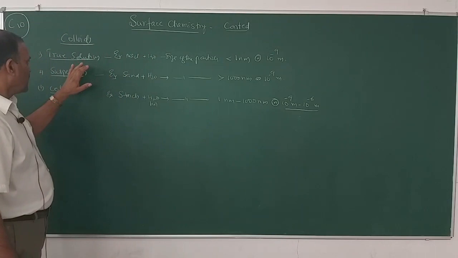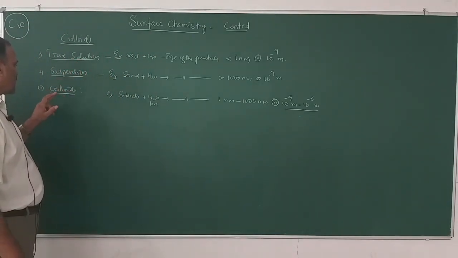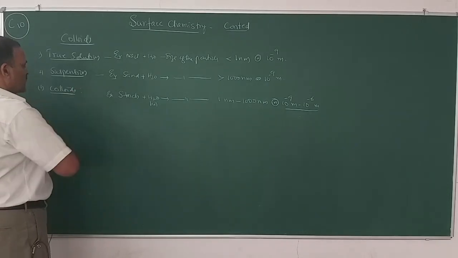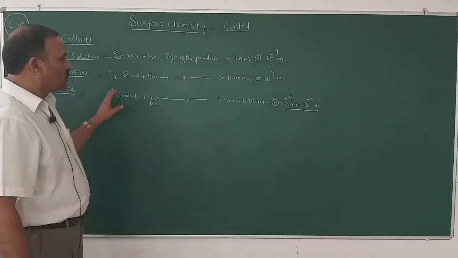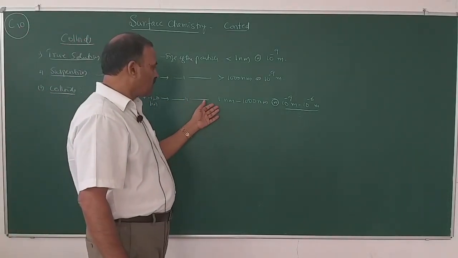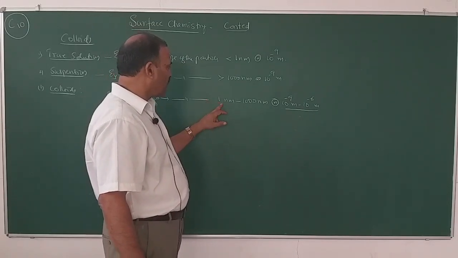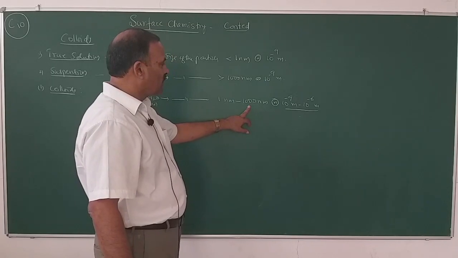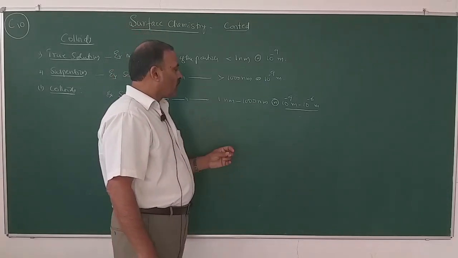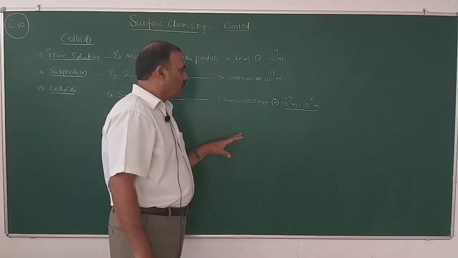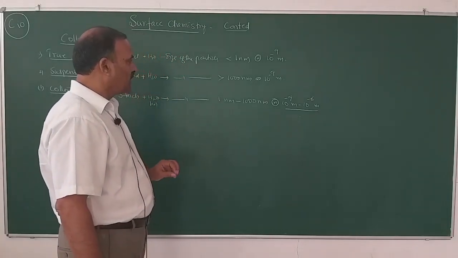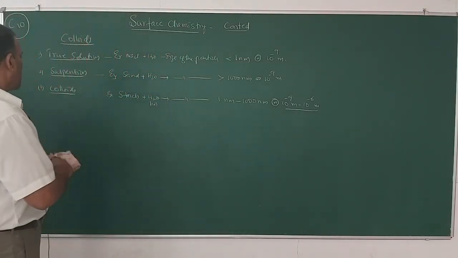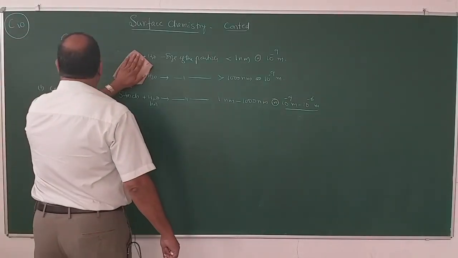So in between these two solutions there is another class of solutions, namely colloidal solutions or colloids. Here the size of the particles of solute is between 1 nanometer and 1000 nanometer. These particles will not settle at the bottom of the beaker, but they are suspended in the bulk of the solution.